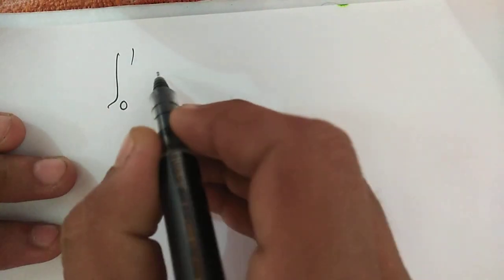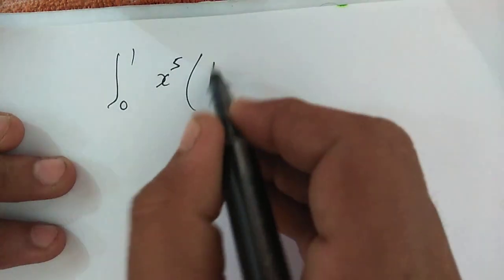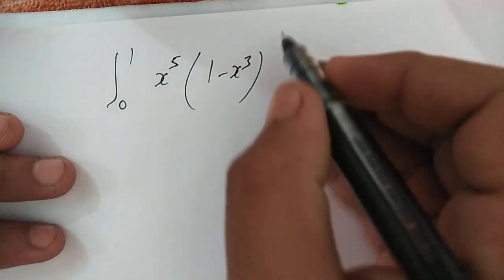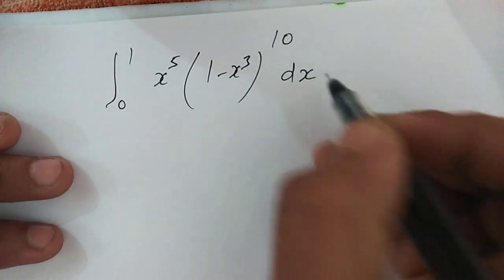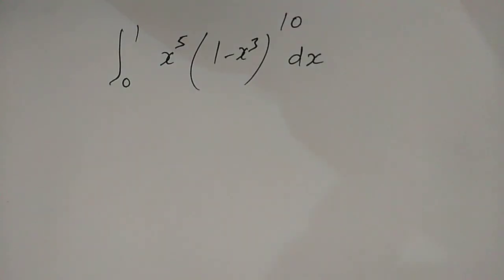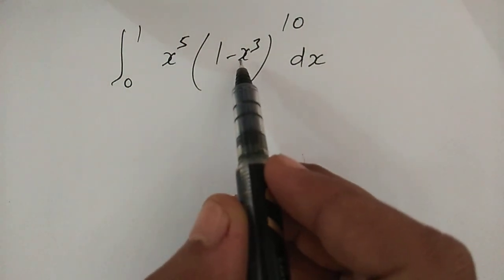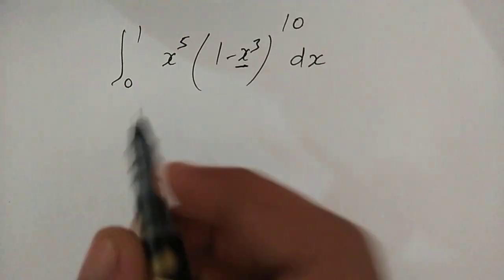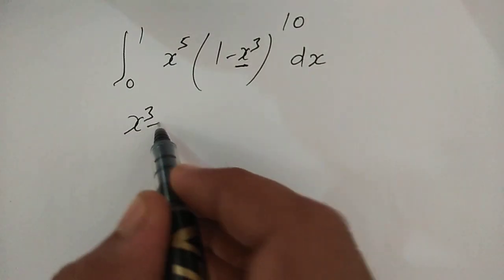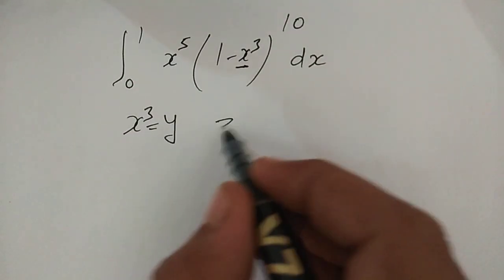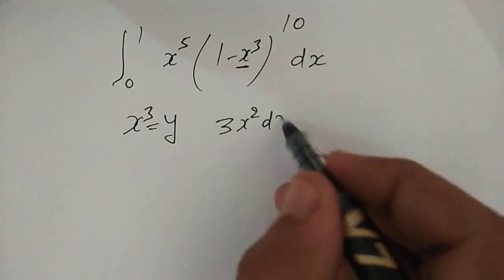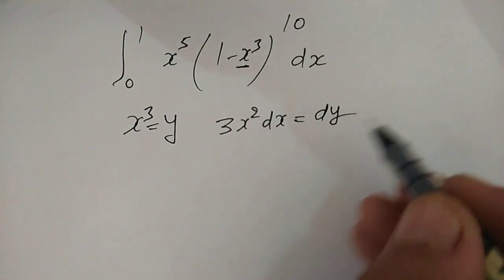The next problem we have is the integral 0 to 1 of x to the power 5 times (1 minus x cubed) to the power 10 dx. If you see this one, we can change it into the beta function, where we have x and 1 minus x. So let this be y: x cubed equal to y, so 3x squared dx equal to dy.